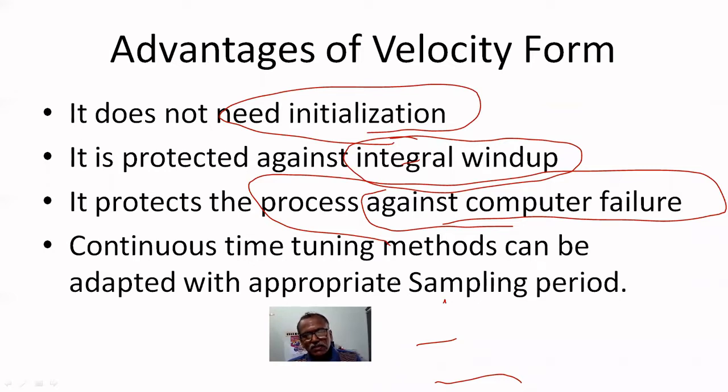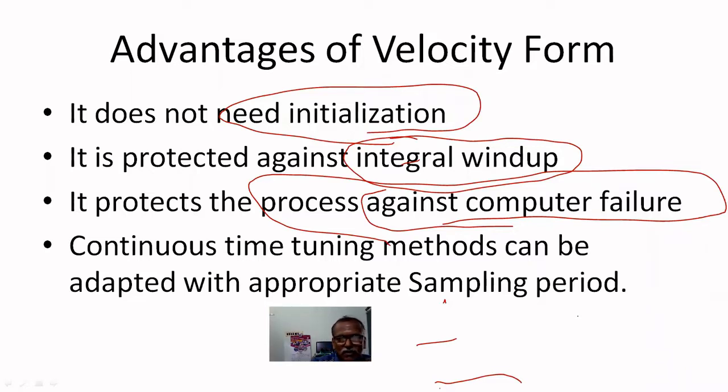It protects the process against computer failure, because it is not giving the total controller output. It will give only the incremental value. That's why the controller output outside is integrated. It is added to the previous value. So if the controller doesn't give a controller output, the final control element will be stopped at the previous value. That is safe. That is the third advantage of the velocity form.